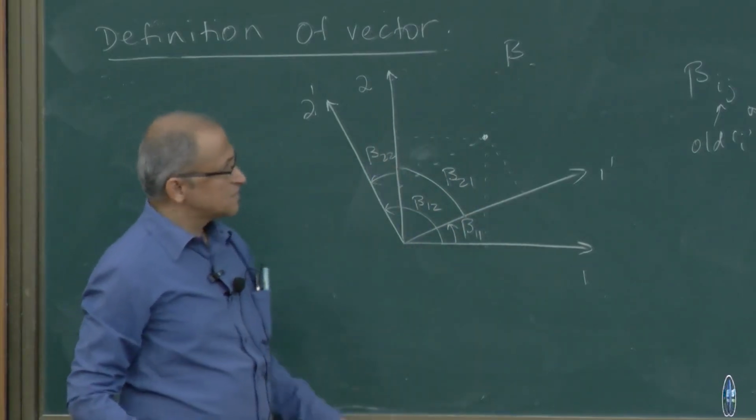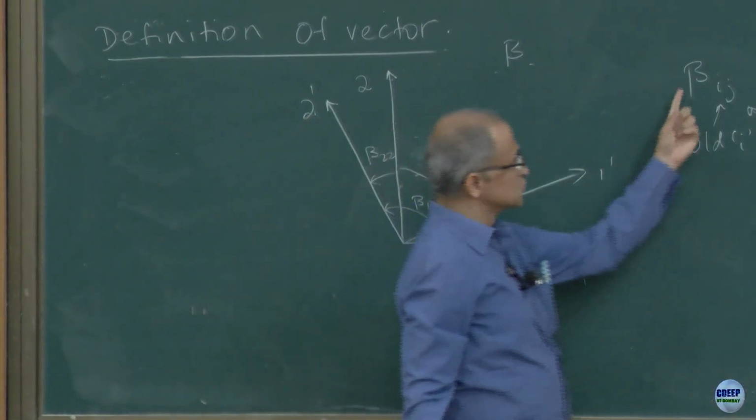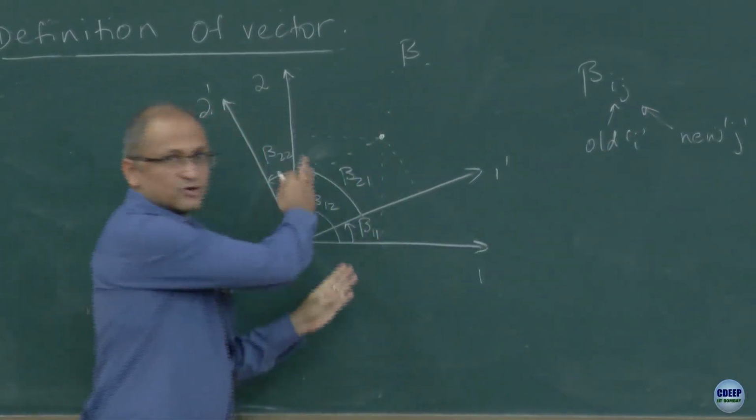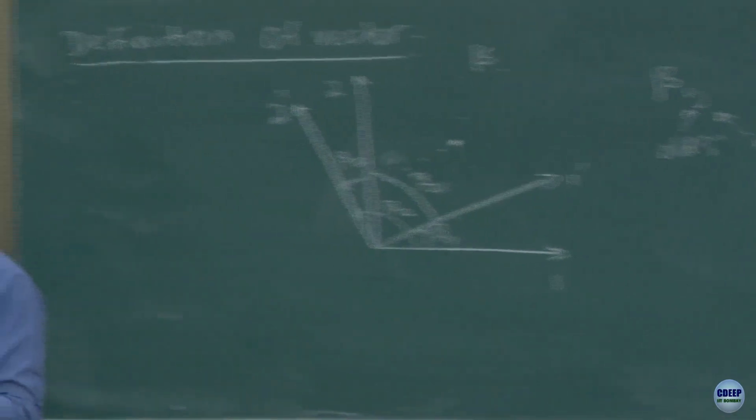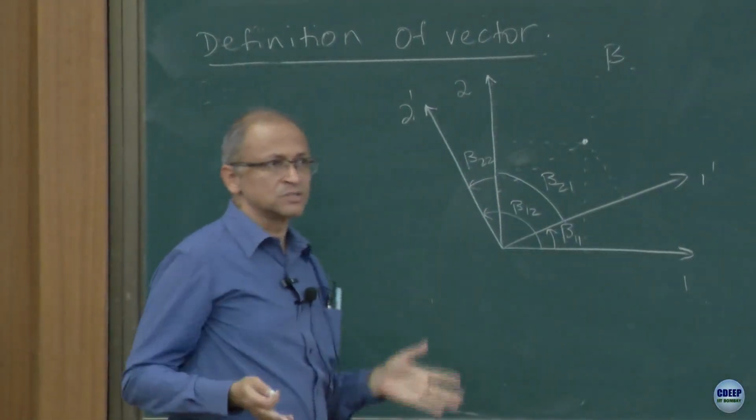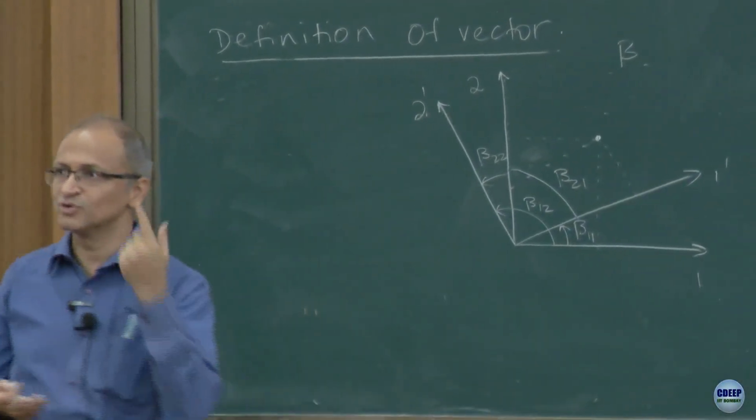I'm using beta for the angle between the two things. Here, because we are doing a very simple rotation, simply rotating about the third axis, beta 1,1 is equal to beta 2,2. You can say, why am I making all this fuss? Everything is known. If you give me one angle, every other angle is fixed, which is correct in this case.